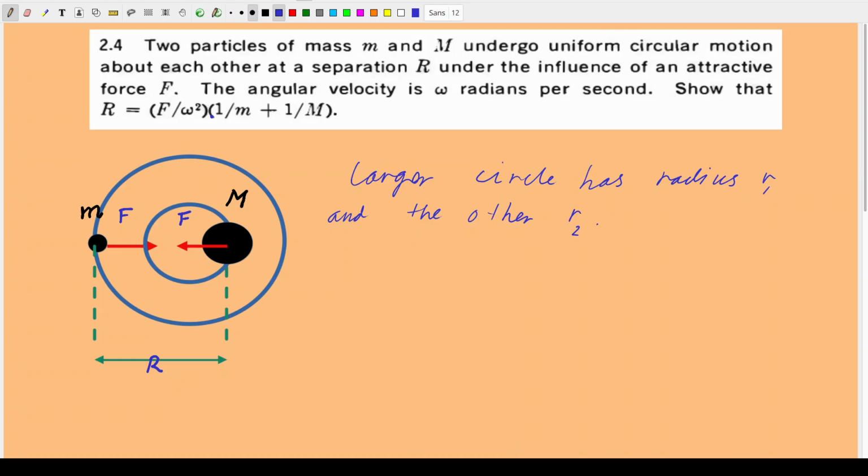And it's easy to see that the distance R, capital R, between the particles is simply given by r1 plus r2.